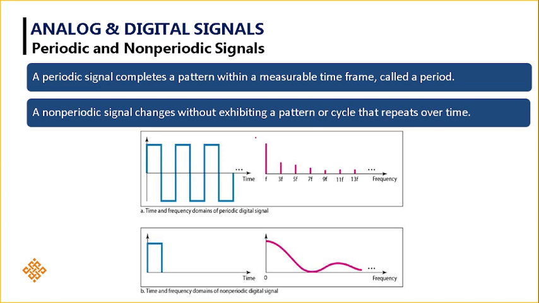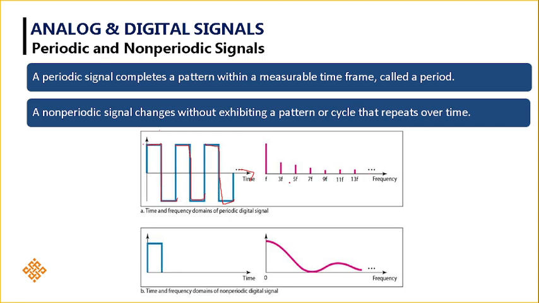Here you can see the diagram. If you see the time and frequency domains of a periodic signal, this is periodic because if I take this as my time slot, you can see the signal is repeating here. Every time the signal is repeating the same pattern every unit of time. So this is the time and frequency domains of a periodic signal. You can see the time with respect to frequency.